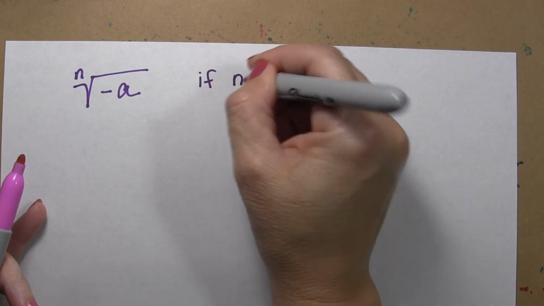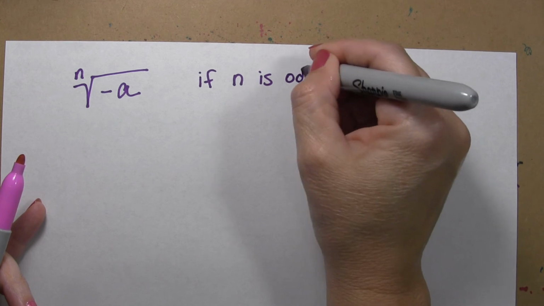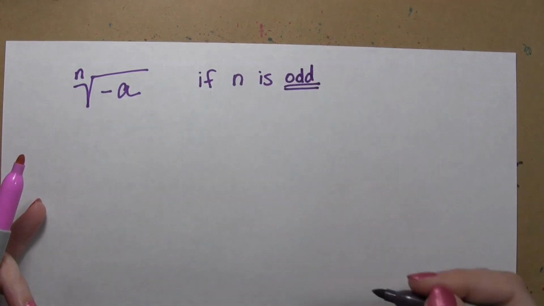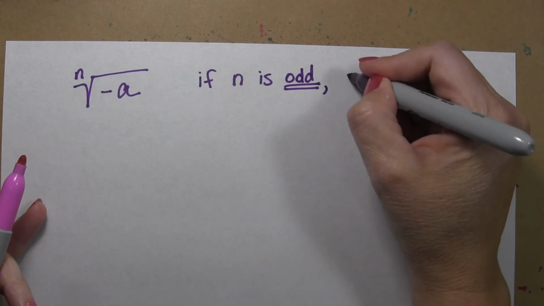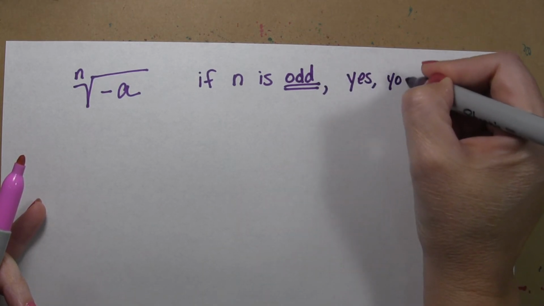If n is odd, like 3, 5, 7, yes, you can get an answer.